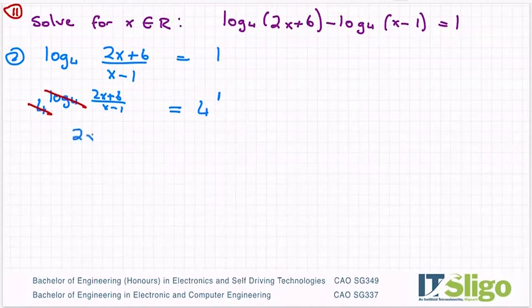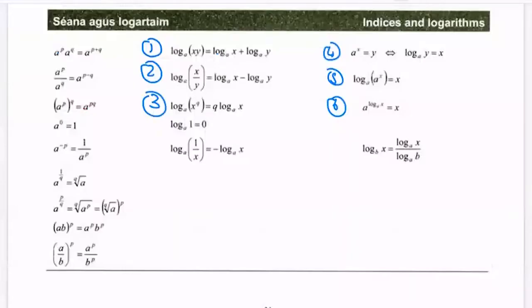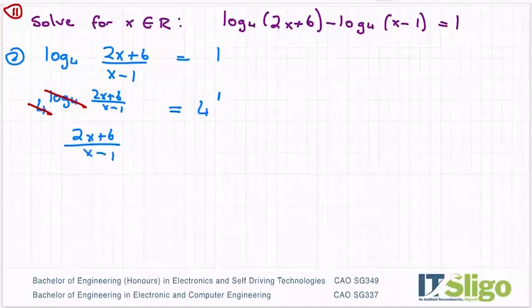So I'm left with just this. It's this rule here I'm using. I took this base a, I raised everything to that, and log a and a cancel, and I'm just left with whatever I was getting the log of, which is equal to 4 to the power of 1, which is 4.